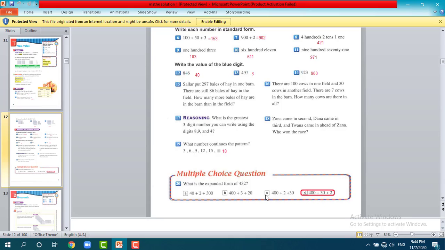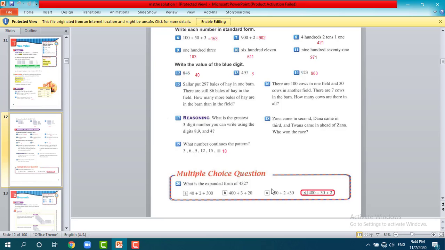After that, in C, it says 400, 4 with 2 zeros added. After that, it says 2, which is ones, and after that 30. It's not true because in expanded form, first we write the hundreds, and after the hundreds we write the tens instead of the ones.